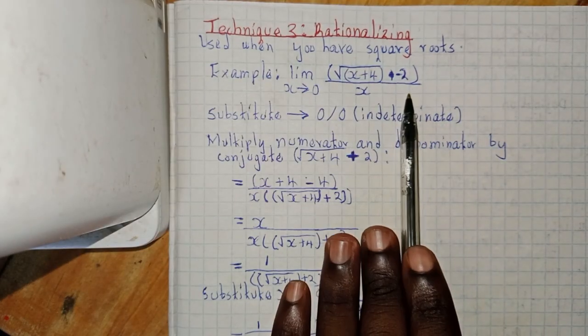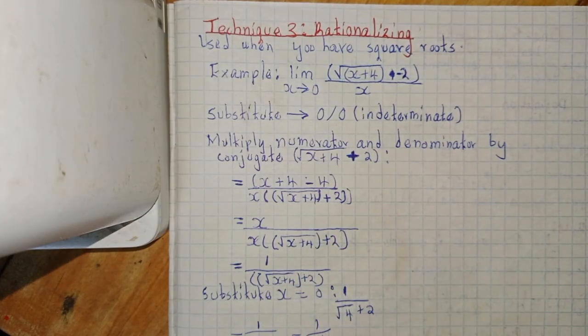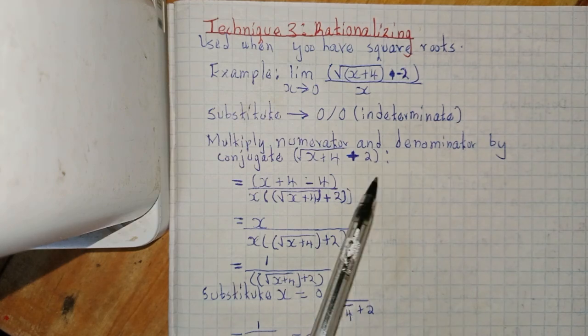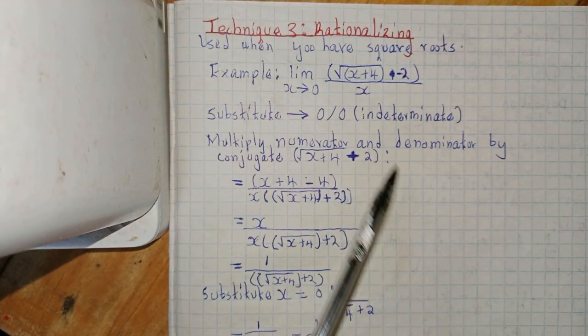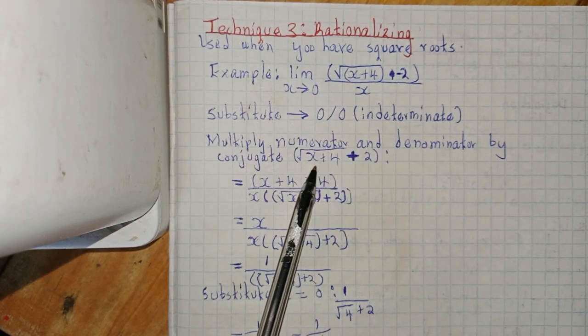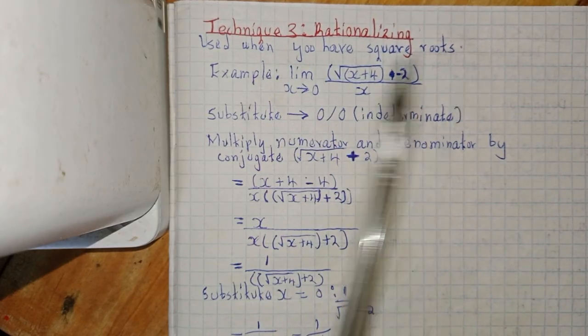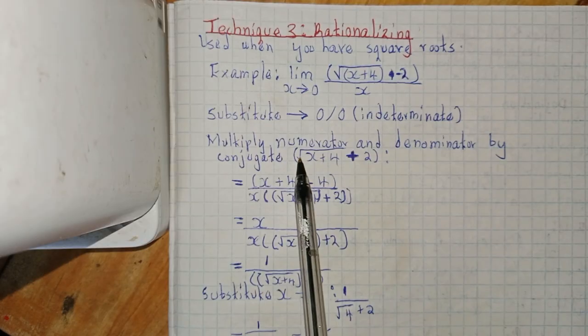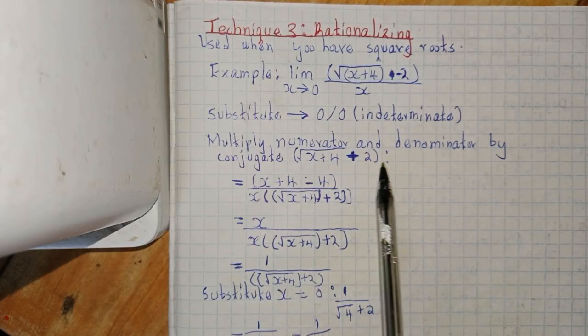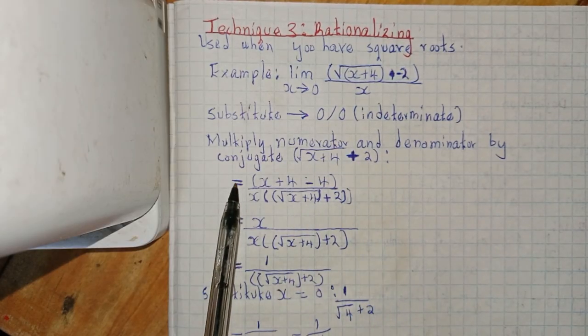So in our case, we'll have to multiply the numerator and the denominator by the conjugate, and the conjugate of this is the square root of x plus 4 plus 2.